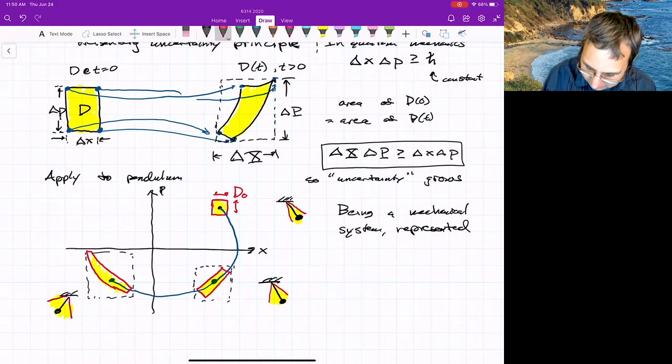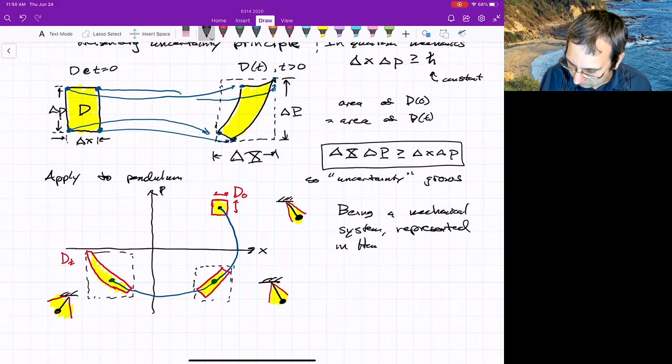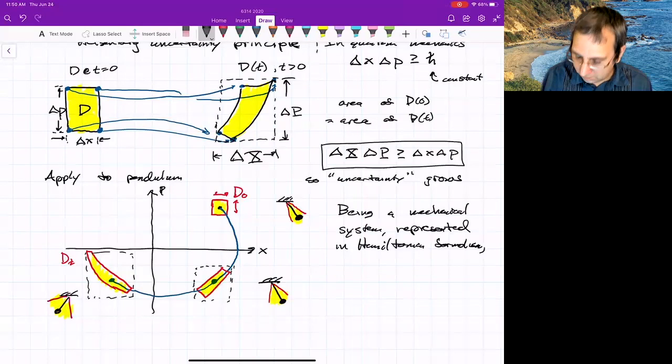So this would be D at time 0, and then here's D at some other time. Being a mechanical system represented in the Hamiltonian formalism puts, we might say, dynamical constraints on how the uncertainty evolves.